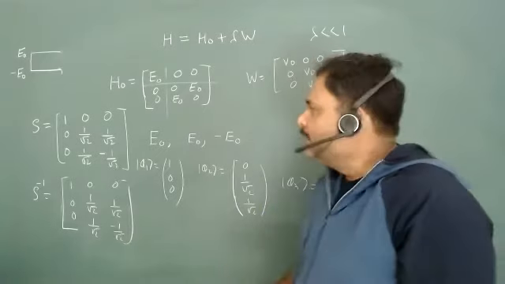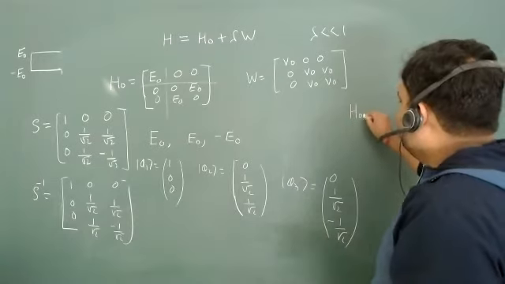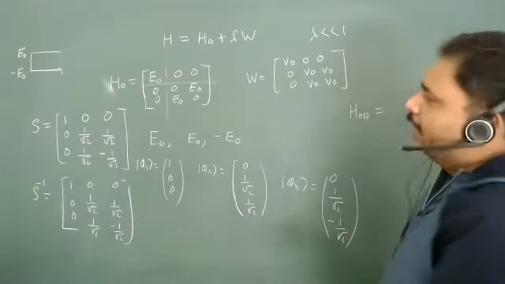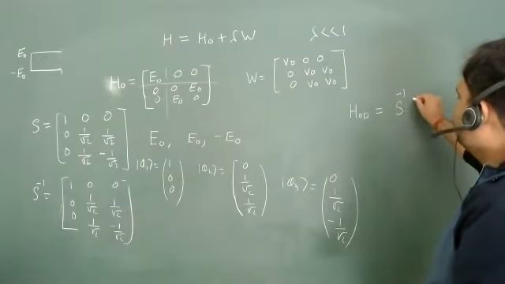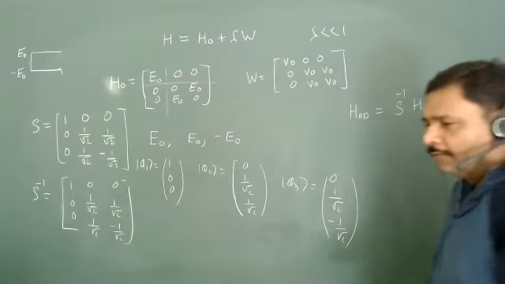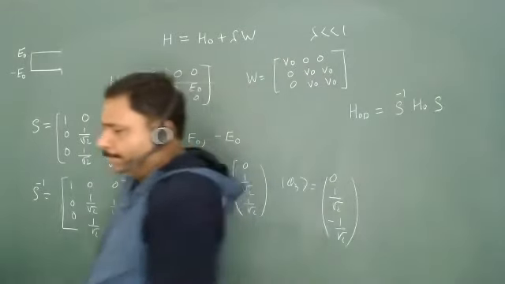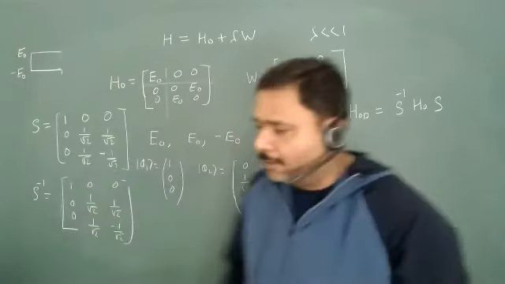So let us diagonalize H naught. Then I can get H naught D, which is the diagonalized form of H naught, and which is nothing but S inverse H naught S. Are you comfortable up to this? S inverse H naught S. This is your diagonalized H naught.